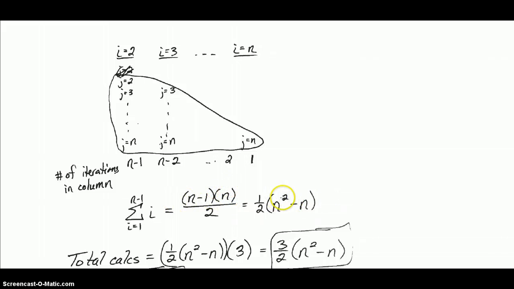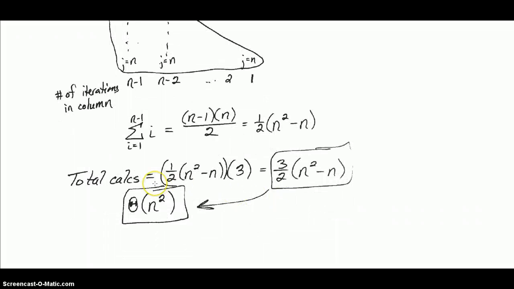And that gives us this formula here. So we do have to multiply that total number of loops by the calculations per loop, which is 3. Multiply that all out, you get 3/2 times (n squared minus n), which would be theta of n squared. That would be on the order of theta n squared. Okay, let me know if you have questions.